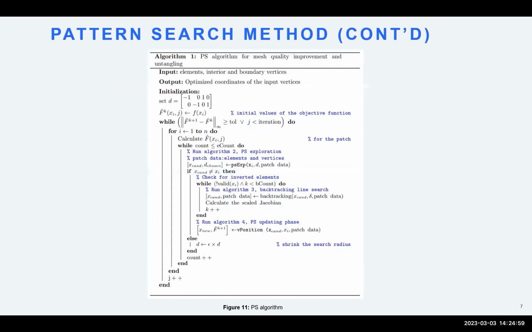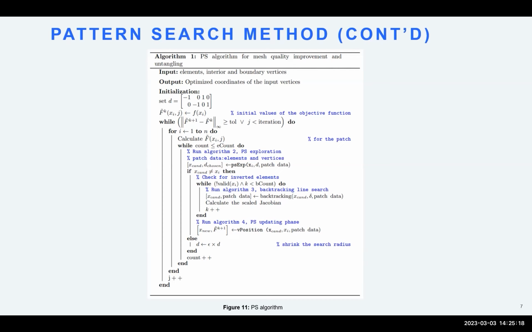On the next slide, we have the main algorithm for our derivative-free optimization solver. What it does is form the pattern and find the minimum. If it doesn't move to the next node, then it says, let's look closer to that node.